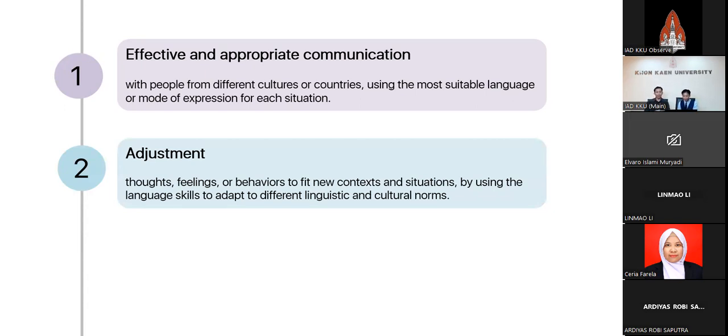And the second one is adjustments, of course, right? To thoughts or feelings or behaviors, to fit new contexts and situations. So, for example, when we meet ajahns or lecturers, we know what we should do here in Thailand. And probably in my country, it's going to be different. In my experience, my ajahns or my lecturers will contact me until 9, even 12.